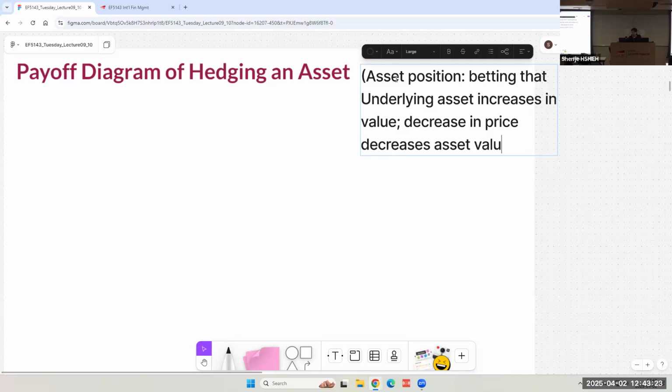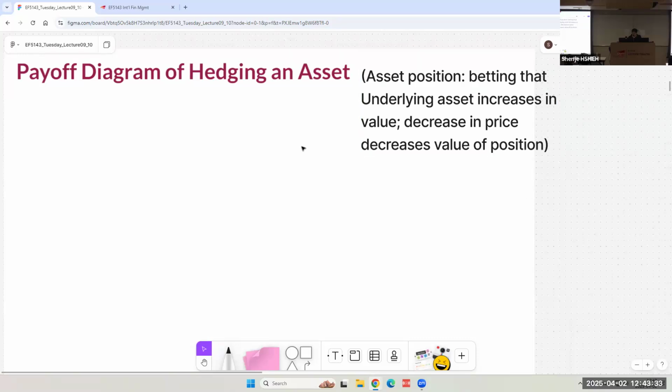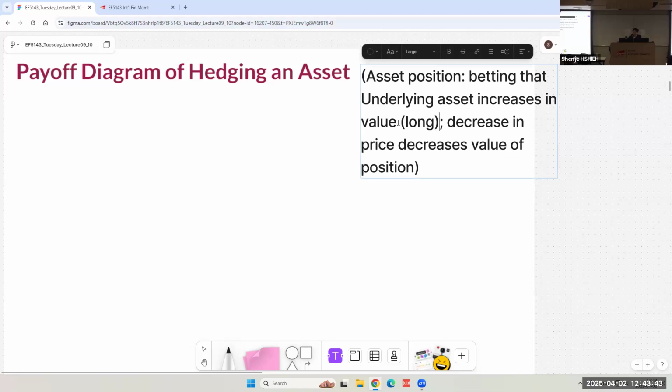Okay. Decreases position value. All right, so sometimes it's called long, right? Long position.